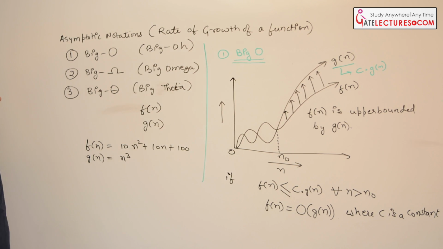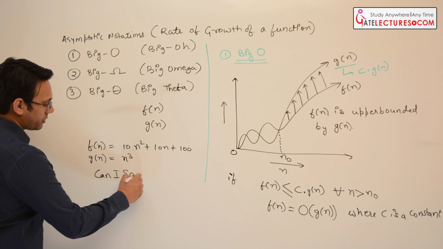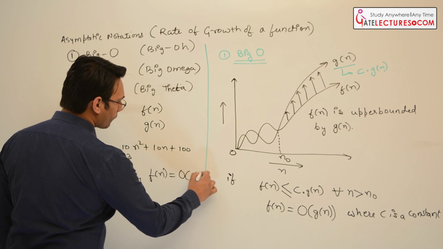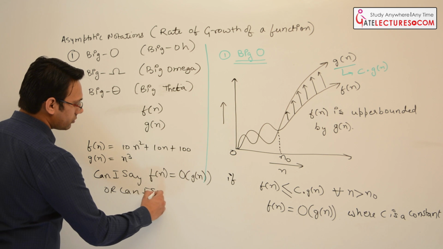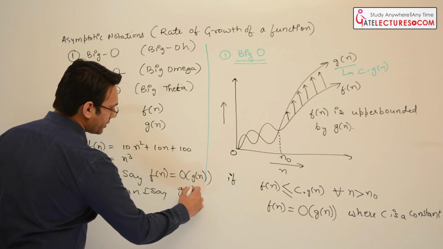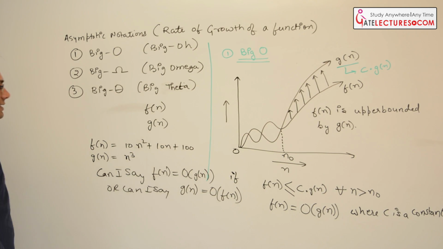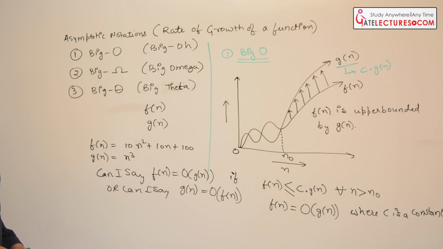Now what do you think? Can I say f(n) is order of g(n), or can I say g(n) is order of f(n)? Which one of these statements is true?